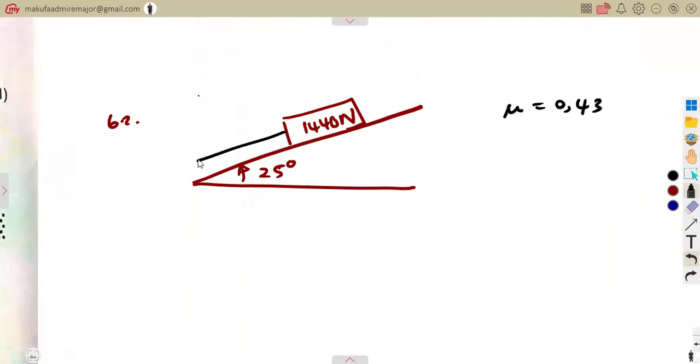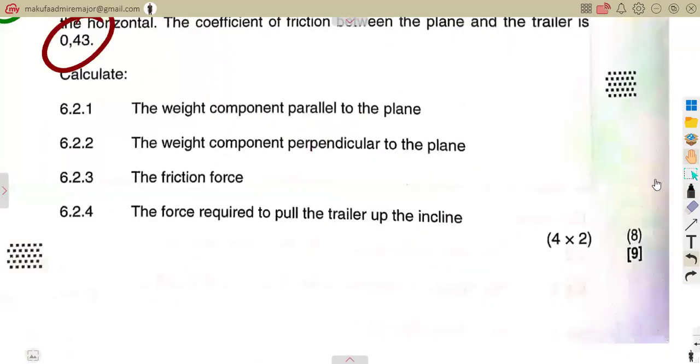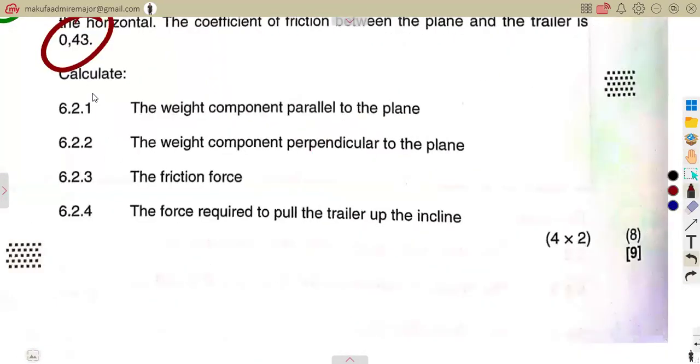As we know, we're going to have the part which is parallel to the plane and the part that is perpendicular to the plane. We have our W in this case, which is equal to mg. Already, this is what we have calculated. With this information, guys, it is enough for us. Now 6.21, the weight component parallel to the plane.